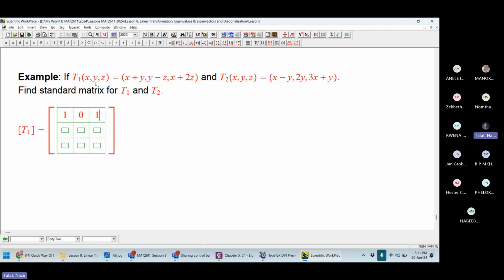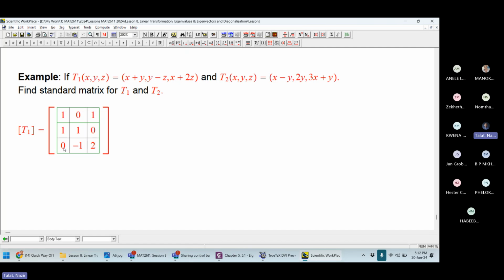Now you put 010. If you put 010 over here, then it will give you some entries like 1, 1, and 0. And if I put 001, then it gives us 0, -1, and 2.